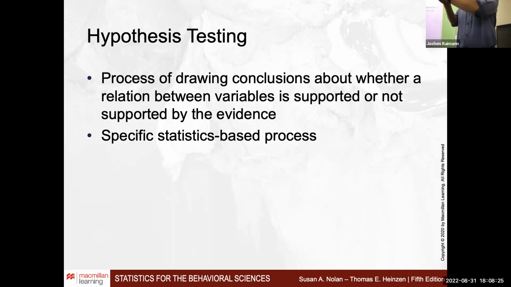So null hypothesis, alternative hypothesis. And this is hypothesis testing, which essentially is what this whole class and pretty much everything in statistics is about. It's about null hypothesis and whether you reject or you accept them.